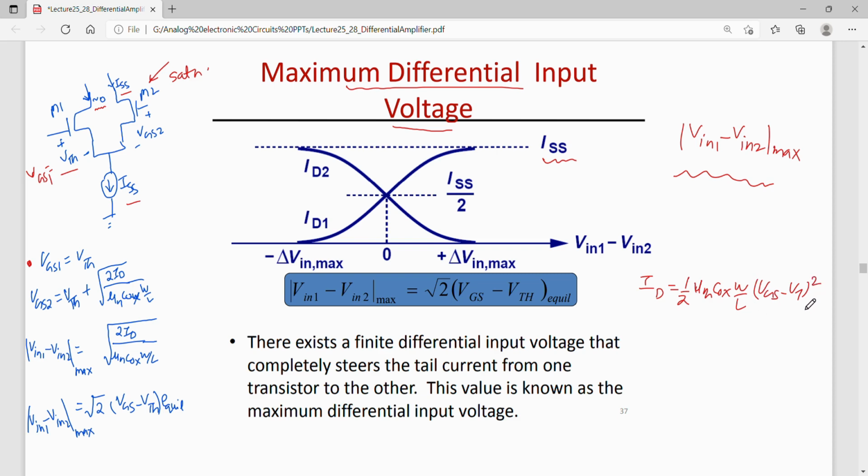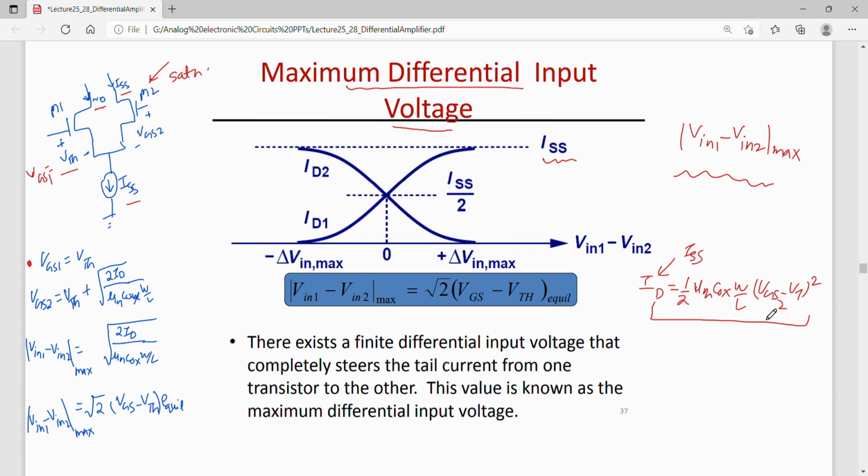So from here, because ID is known, ID is ISS, the entire current is flowing through M2, I can find out VGS2 here. VGS1 is known to me, so I can find out VGS2 of this transistor from here.